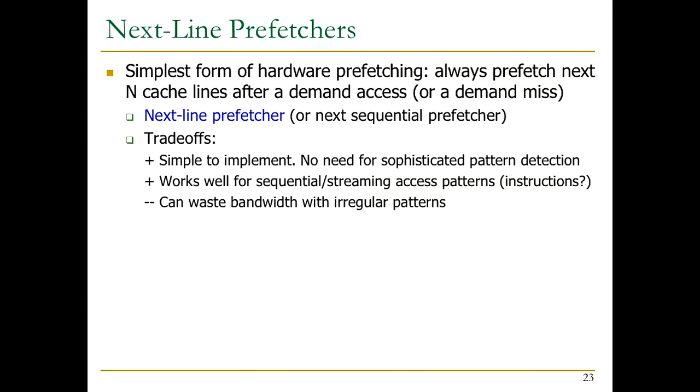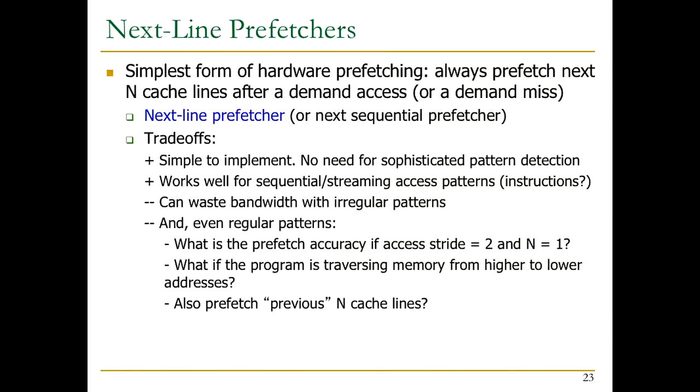Now, the downside is it can waste with irregular patterns. If you always do this, you're always prefetching something potentially useless, right? And even with regular patterns, right? If the access stride is 2, you're doing address A plus 2, A plus 4, A plus 6. That's the demand access stream of the processor.